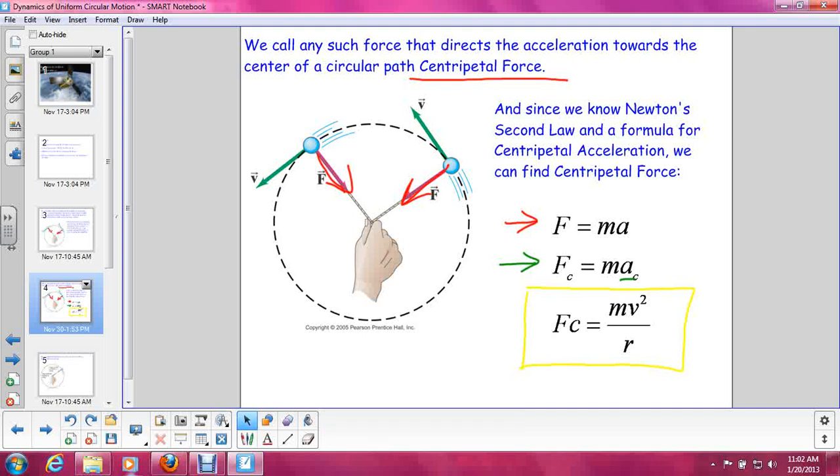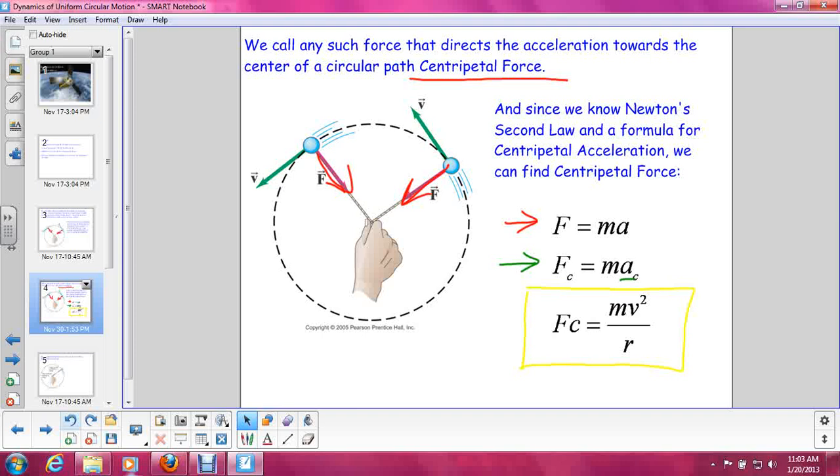So the amount of force required to keep an object moving in a circle is its mass times its velocity squared. And remember, the squared here is only attached to velocity, it is not attached to mass as well. And we take that and we divide by the radius of the circle.